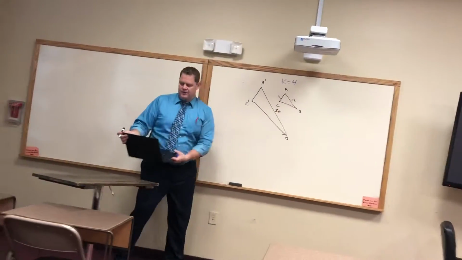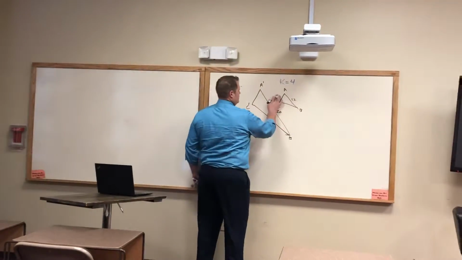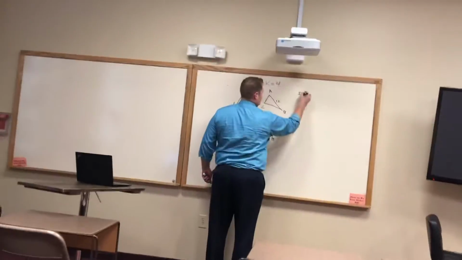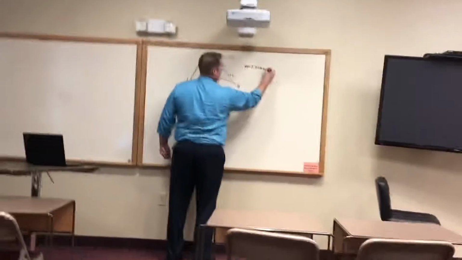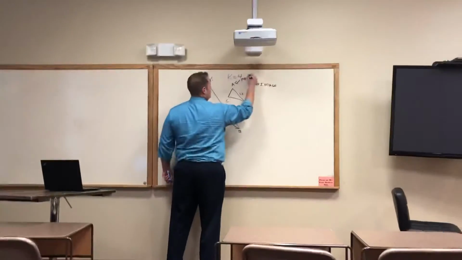Now, let's think about this for a second. If I want the scale factor of these, how would I solve it? This is the image that's created, the new image, and this would be the pre-image.